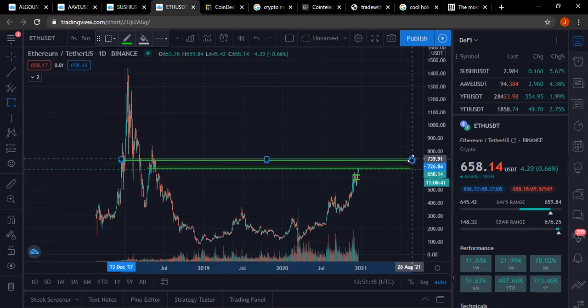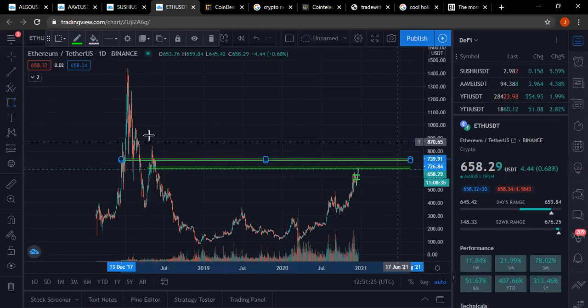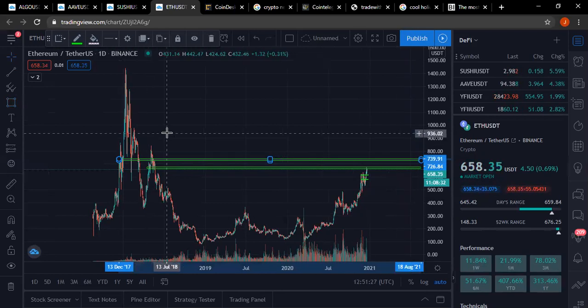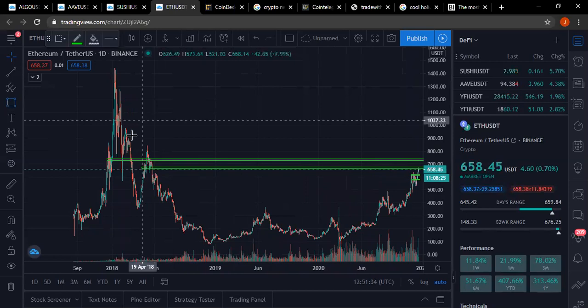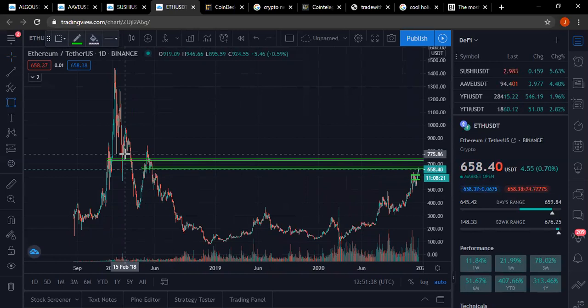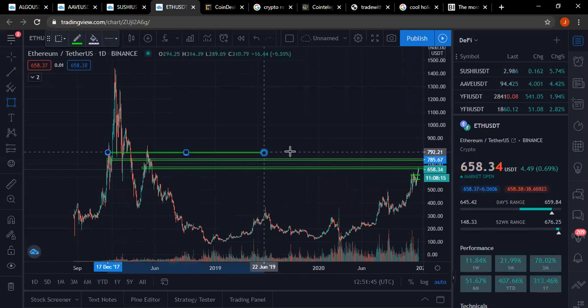If you check it on a lesser time frame, it's going to be that wide. So we've gotten two. Let's take another one. At this point also we have another area of more actions, an area of support or resistance.